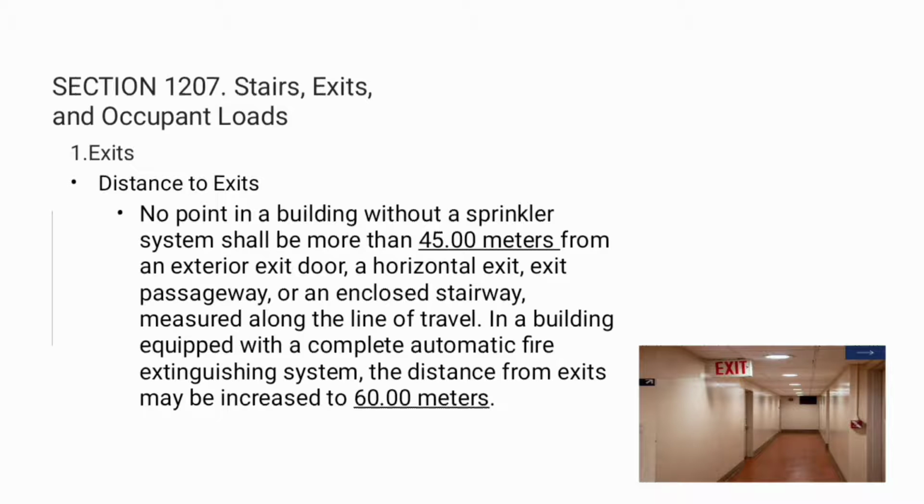So, just remember, without a sprinkler system, it should be 45 meters from an exterior exit door. But if the building is equipped with an automatic extinguishing system, the distance from the exit door can increase to 60 meters.